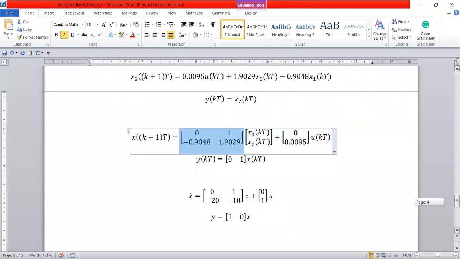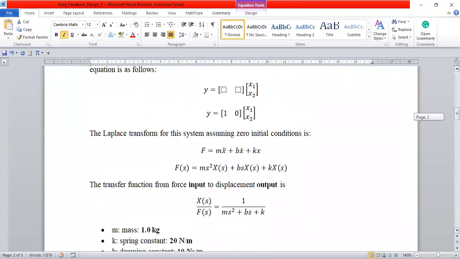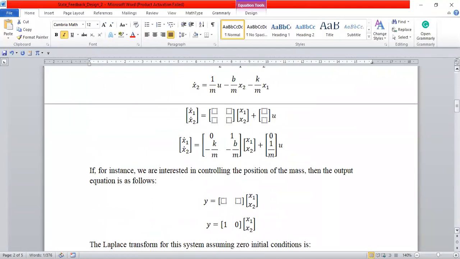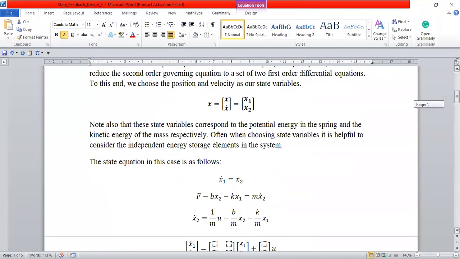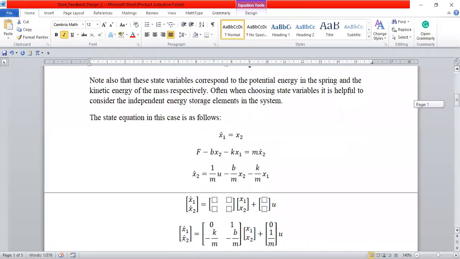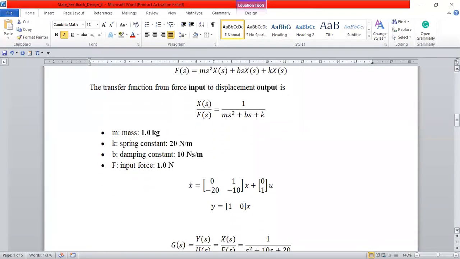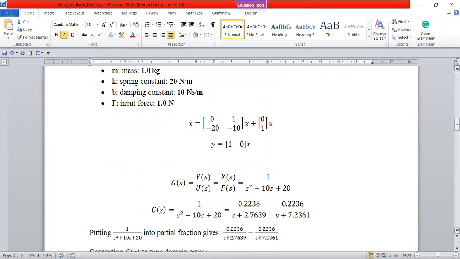So in the next class, we are going to be doing this same example, but we are going to use a zero order hold. We are going to include a zero order hold in the transfer function because I've already explained the importance of the zero order hold. That's the way the computer uses to convert from the continuous time to the discrete time domain.